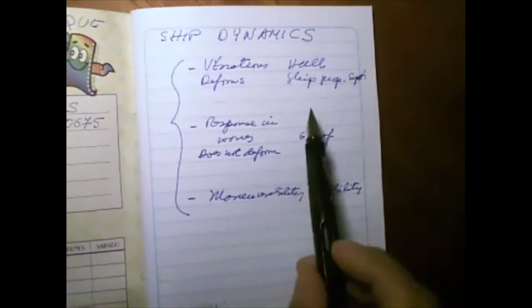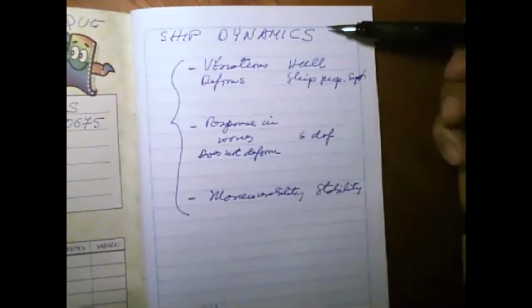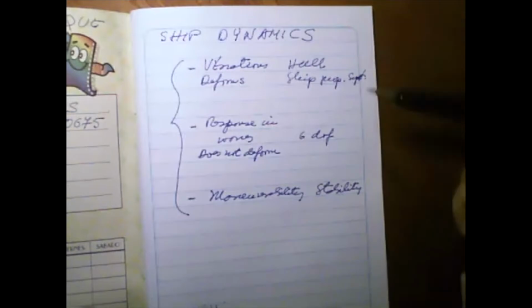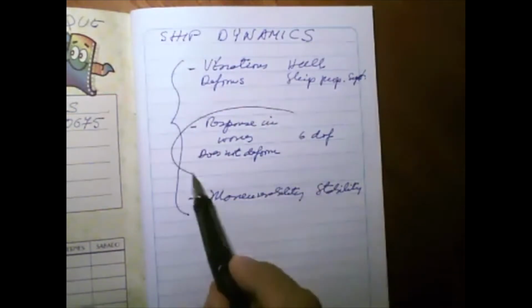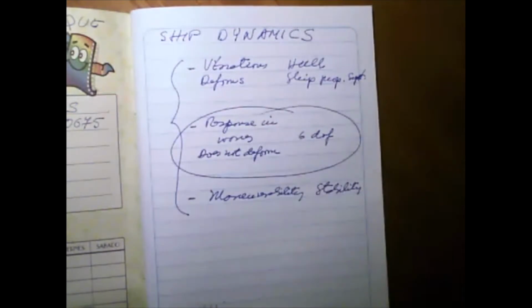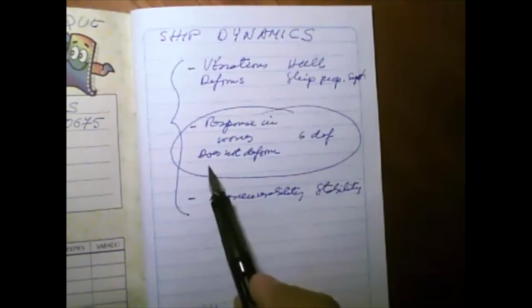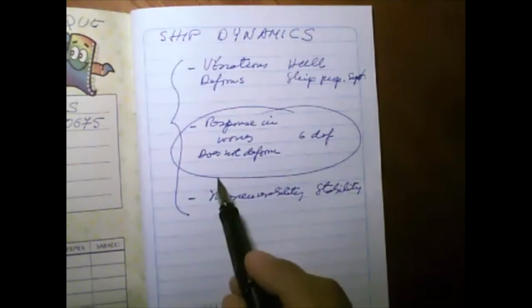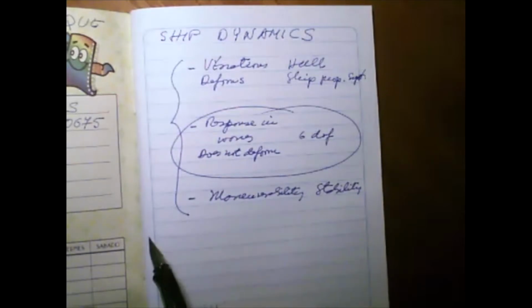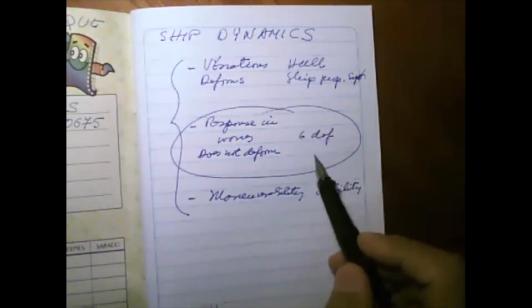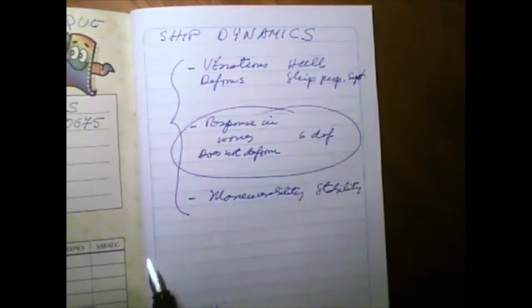So, in general, this is what we mean in English with ship dynamics. We are going to study specifically this. We are going to consider that the ship doesn't deform, so it's going to be considered as a rigid body. In that case, we should go on and consider 6 degrees of freedom. That's a very complex problem.